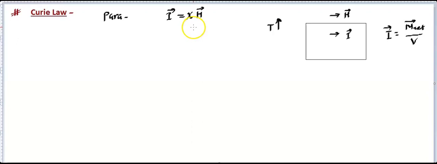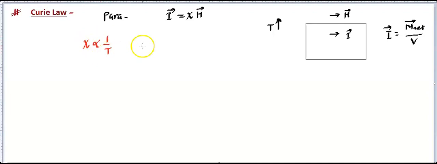That means magnetic susceptibility decreases when temperature is increased, right? Hence the magnetization decreases. So Curie's law relates this magnetic susceptibility with temperature, and the relation is very simple: magnetic susceptibility is inversely proportional to temperature.